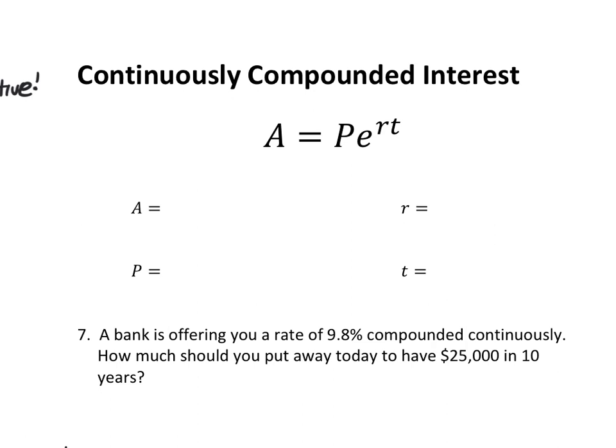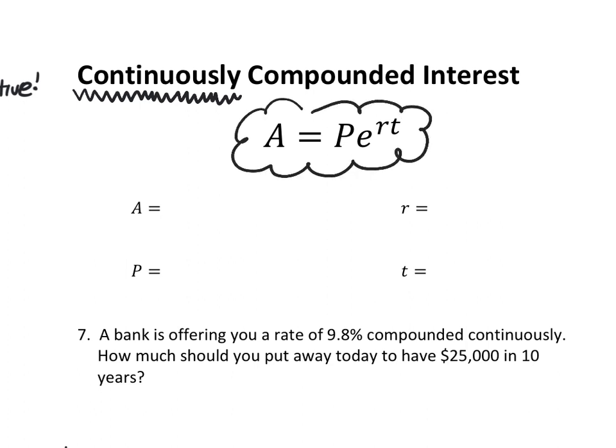So you will not see the words like quarterly, monthly, annually when we do continuously compounded. You're looking for this word straight up, continuously. This is the word you look for to know you switch and don't use the formula we used last class. You're going to use this one.